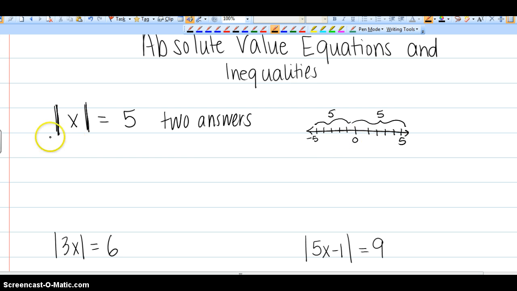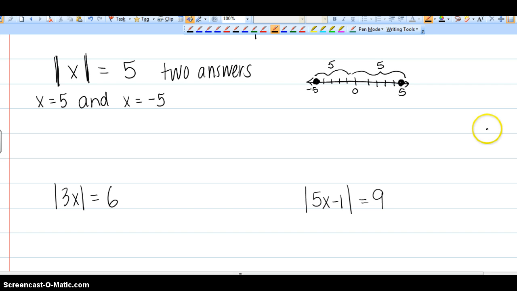So for this problem, our answer would be x equals 5 and x equals negative 5. And that would satisfy this absolute value problem. And our graph would be just a dot at negative 5 and a dot at 5 because it's equal to and not an inequality from yesterday.